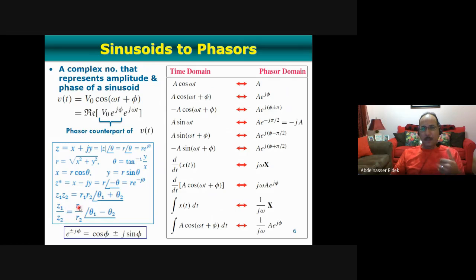If you divide, you divide the amplitudes, r1 over r2, and subtract the phases. That's it. These are just general relations for complex numbers. If you have e to the power of j phi, this is cosine phi plus j sine phi, or minus, of course. If it is minus, it is minus. If it is plus, it is plus.